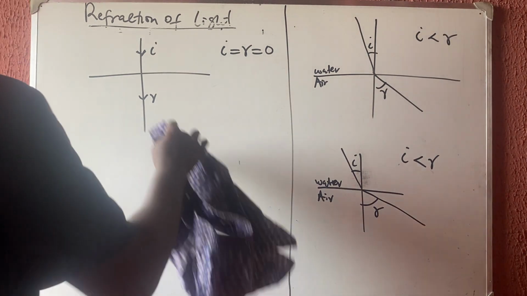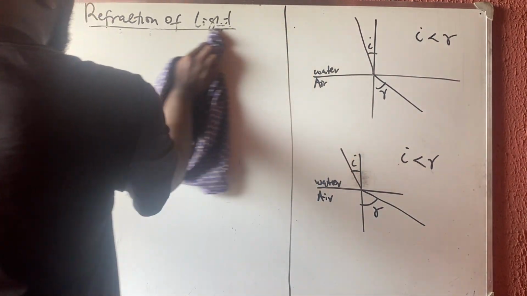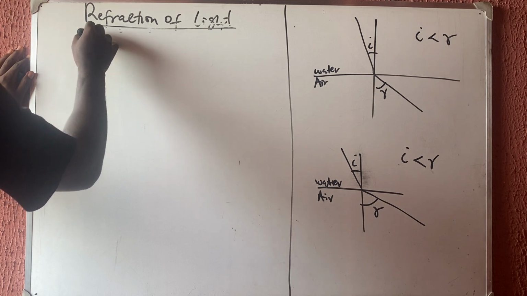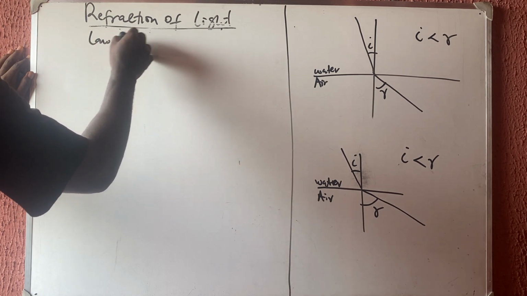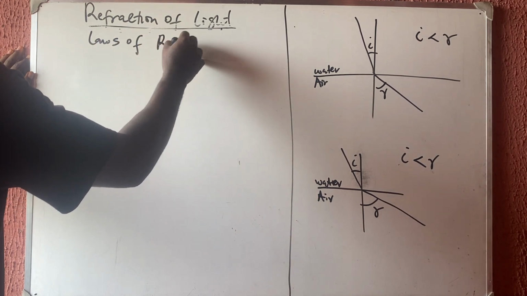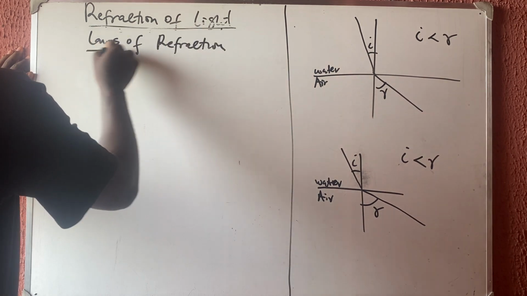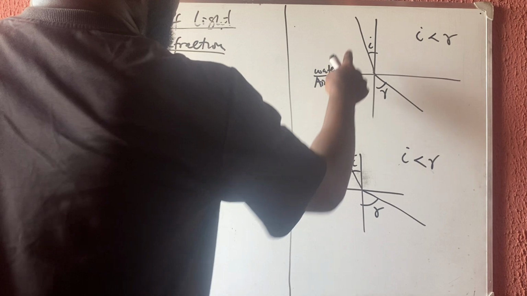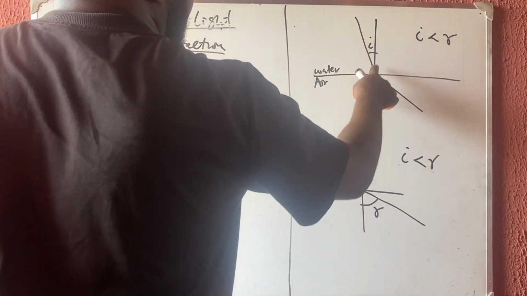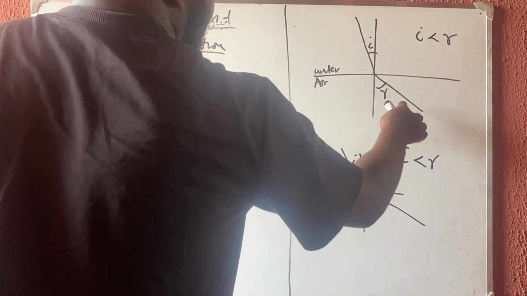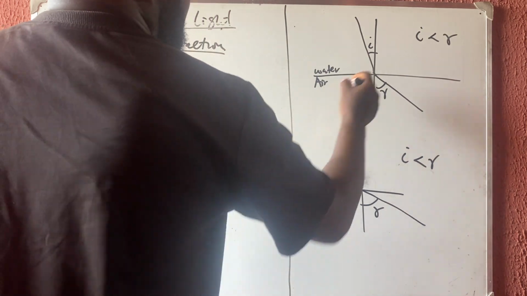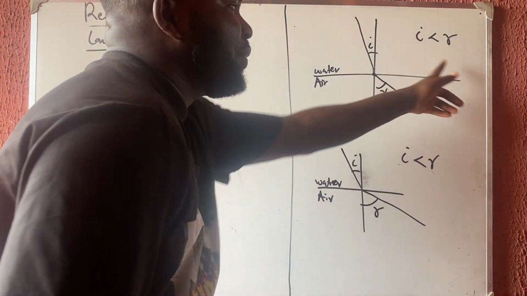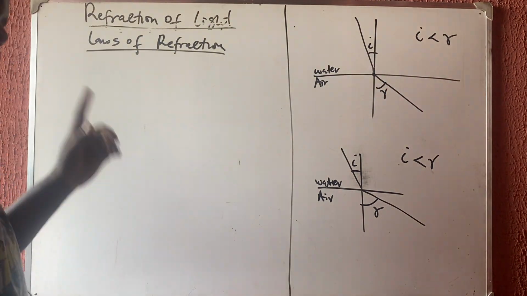Now the next thing we are going to talk about is the law of refraction. The first law states that the incident ray, the normal, and the refracted ray at the point of incidence all lie on the same plane called the interface. Please listen again.